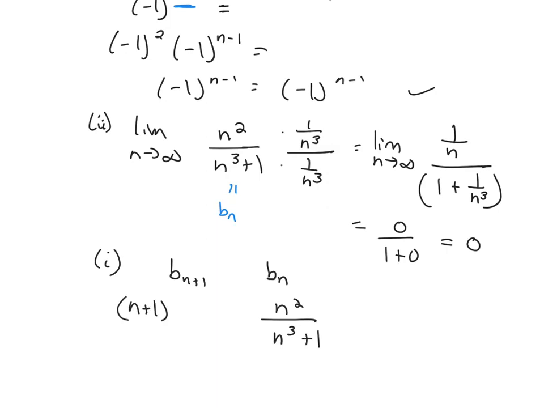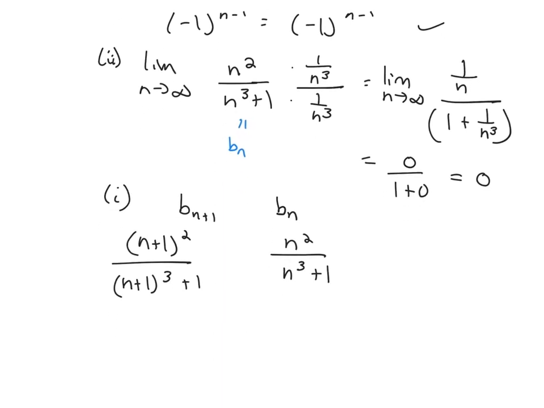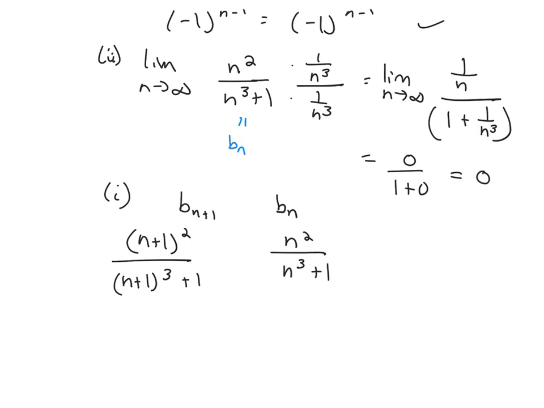So n plus 1 squared... I need to figure out which one of these is larger. It's not so easy here because the numerator and denominator are both different. If I cross multiply, then I'm going to have to multiply out n plus 1 cubed and n plus 1 squared. That's a lot of arithmetic that I don't necessarily want to do.